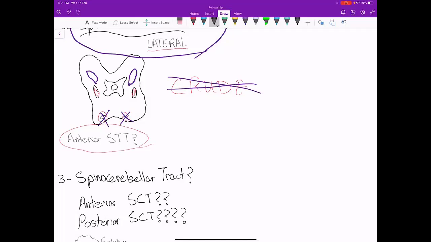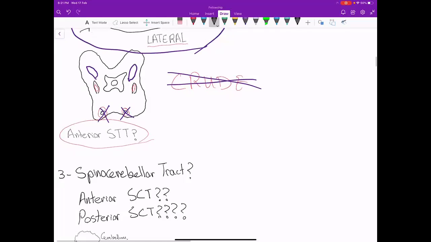The spinocerebellar tract, and I'm going to explain something important in just a second, is responsible for unconscious proprioception. You have two spinocerebellar tracts, located here and here on both sides, of course. You have the anterior and the posterior spinocerebellar tracts.